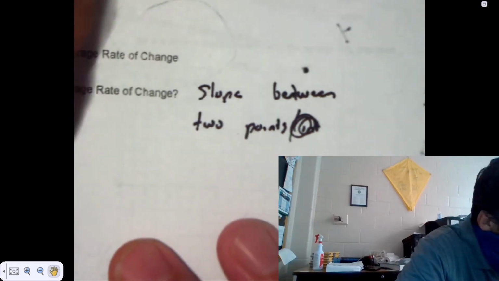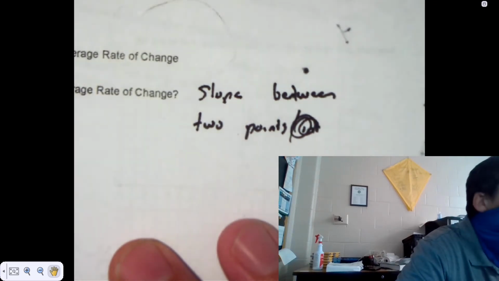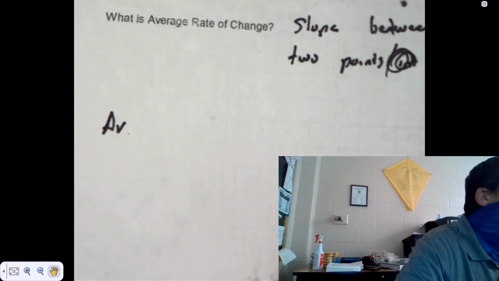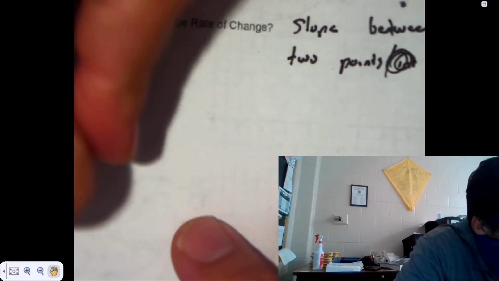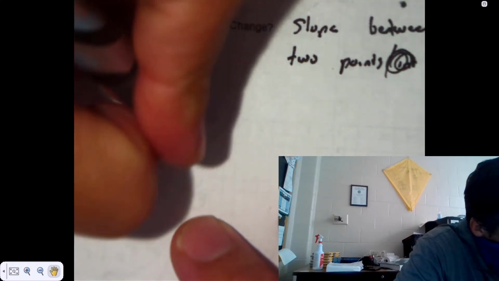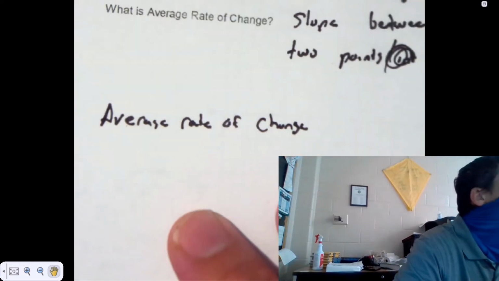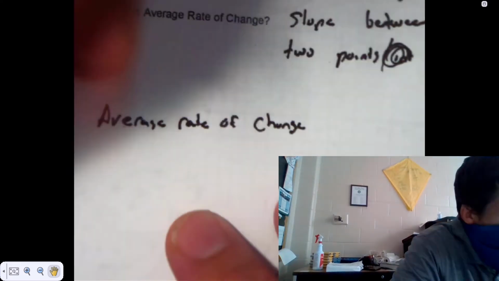So we use the same formula, except we don't call it M, because not everything has slope. I'm not going to write out a more complex formula for the average rate of change.